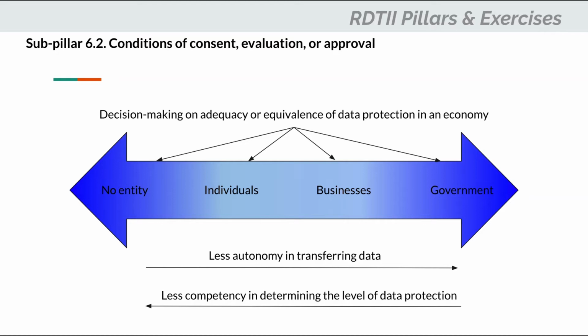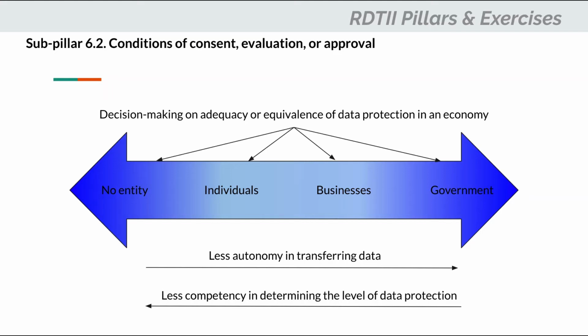Here, the individuals decide whether to allow the transfer of their data to a particular economy by providing their consent. Third, businesses decide it by evaluating whether a particular economy to which data is about to be transferred has an adequate or equivalent level of data protection. Lastly, the government determines if certain economies have that requisite level of data protection.